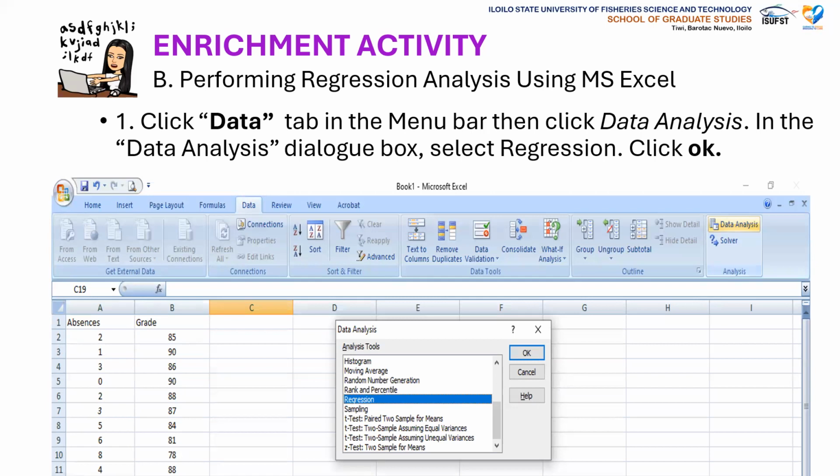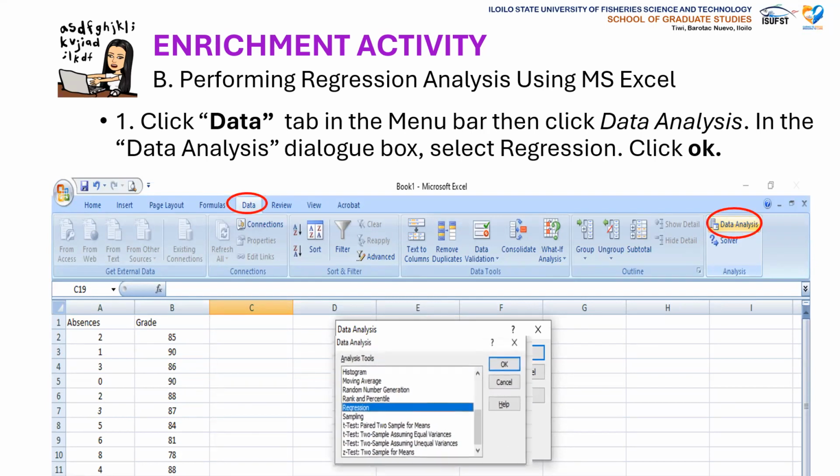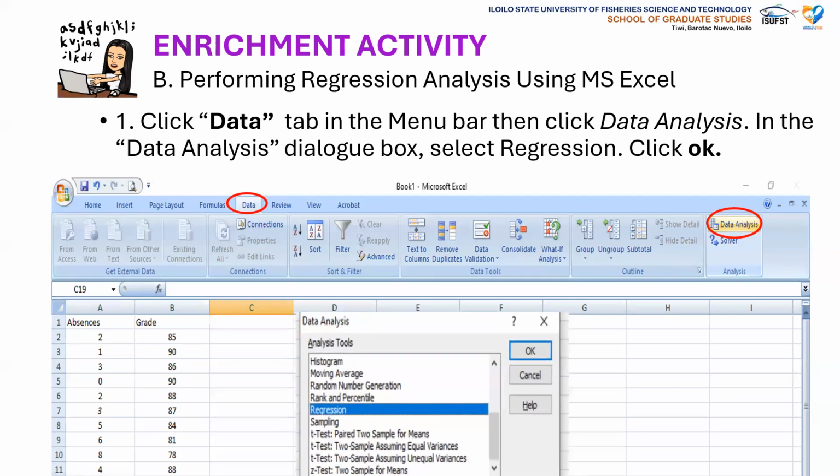So it depends again. Okay, so if you have this, this will pop out. Then you can choose regression. Don't worry, I'll be giving you the video of this presentation later. You go to regression.